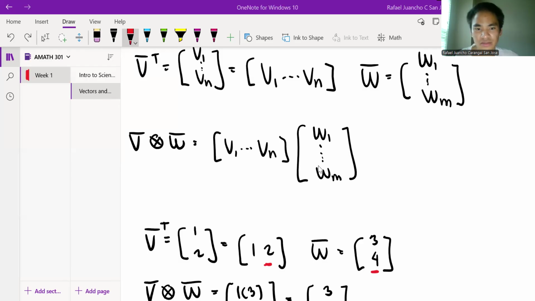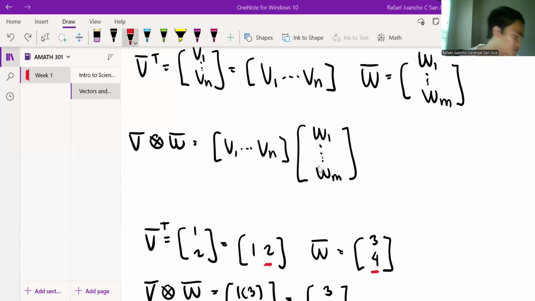Okay, let's do, yeah. So actually, funny enough, if we transpose the first vector, we're actually not getting an outer product.